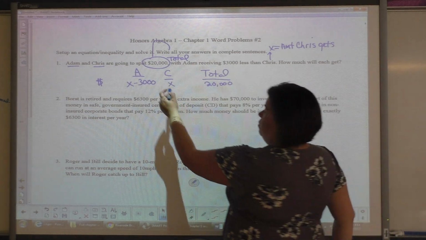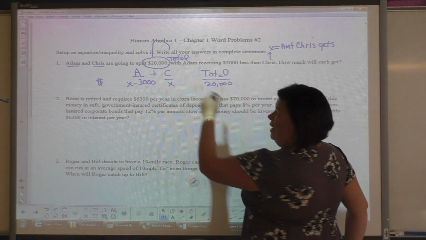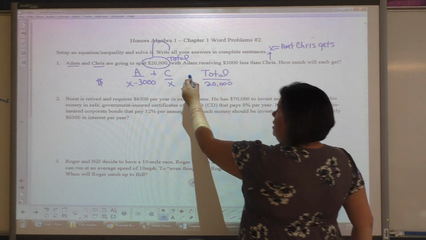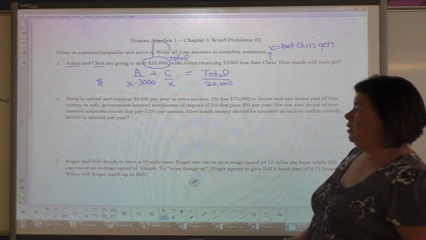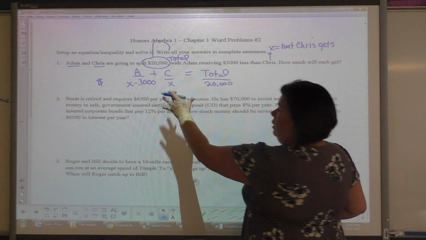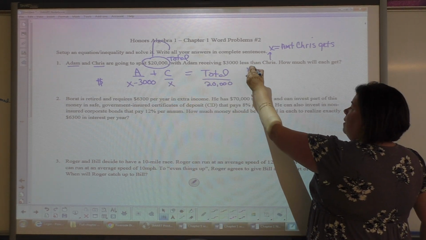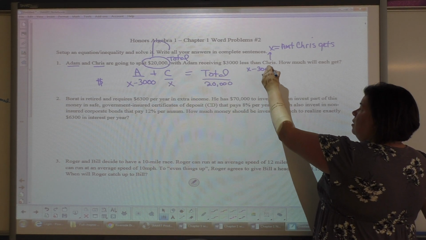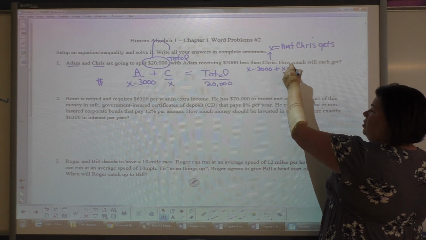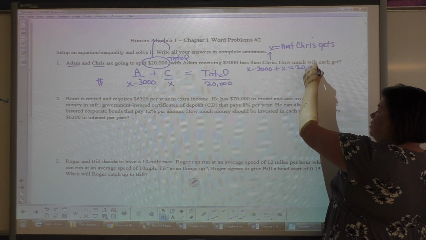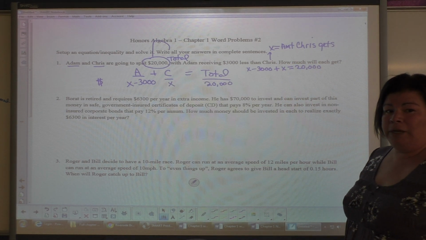And again, since we are totaling, that means Adam's portion plus Chris's portion is going to equal our total. So our equation comes from here: X minus 3,000 plus X is our total of $20,000. Again, this is all money.